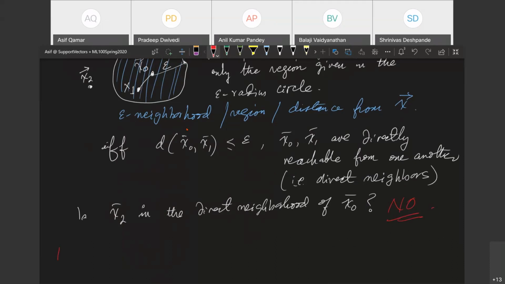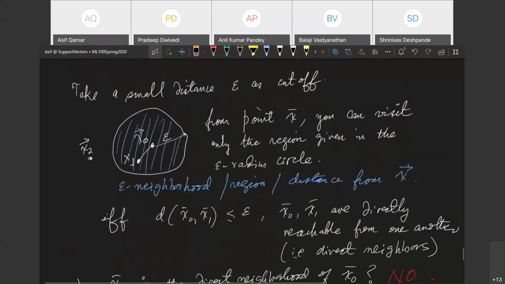But X2 is in the epsilon neighborhood of X1, isn't it? So for example, let us see this. If I make an epsilon neighborhood, oh, actually it may not be true. Let me redraw X2 and make it a little bit closer to make my argument. Otherwise it will be an outlier or something. It will become too far. So let me put that point here, X2.